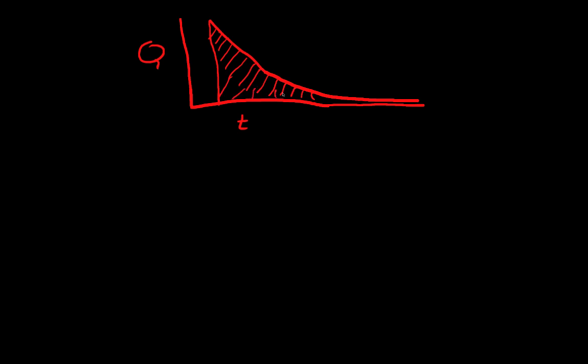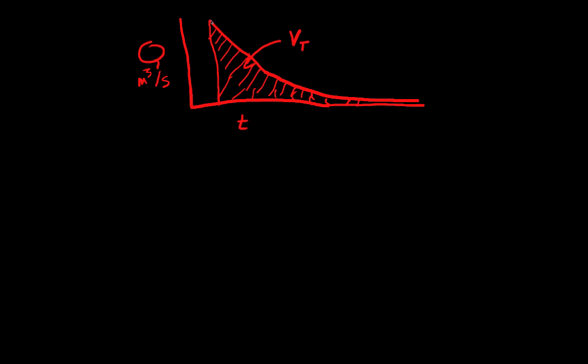And the area under that curve, well, Q is volume of water per unit time. So for instance, it'd be meters cubed per second. Meters cubed per second per time, that's the area under here. That area is going to be the volume of water in the aquifer.